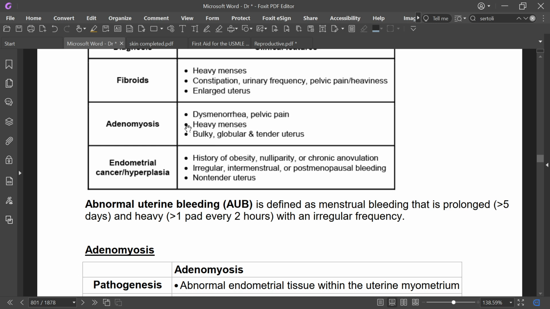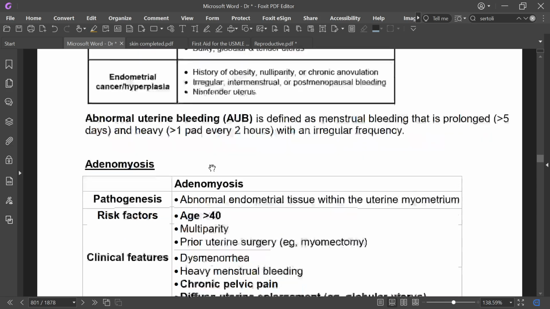Adenomyosis presents with dysmenorrhea, pelvic pain, and heavy bleeding, with a bulky, globular, tender uterus. Endometrial cancer has a non-tender uterus. Tender uterus is adenomyosis, non-tender uterus is endometrial carcinoma, and enlarged uterus is fibroid.